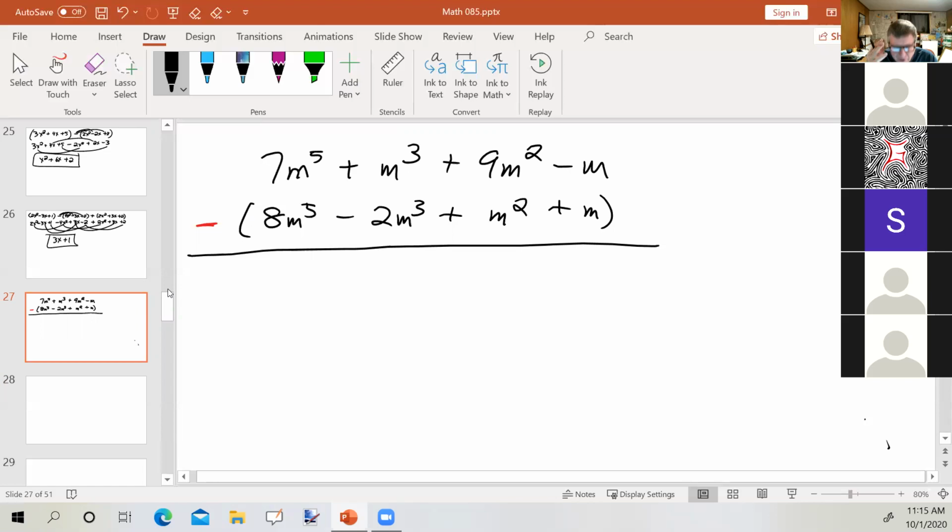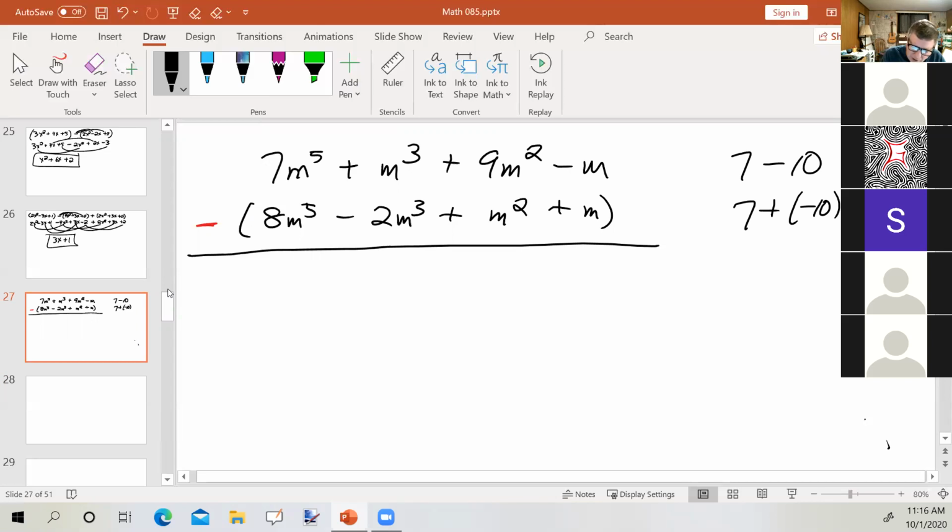Now, let's go back to arithmetic days. And let's say you had 7 minus 10. Subtracting a number is like adding its opposite. So this would be like 7 plus negative 10. Okay? Subtracting a number is like adding its opposite.